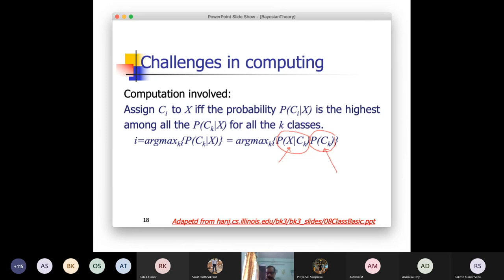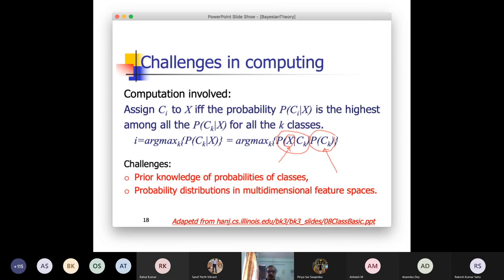We also discussed there are different ways by which you can model them: parametric methods, non-parametric methods. Very soon we'll be discussing them also. So this is one thing, how do you model these probability distributions? And this is particularly more involved if the feature vector X is multidimensional. That is another challenge.